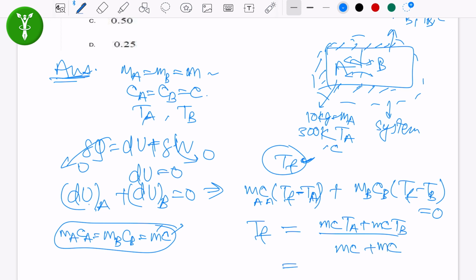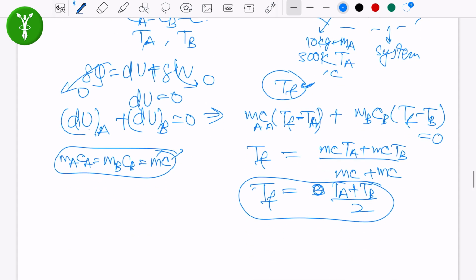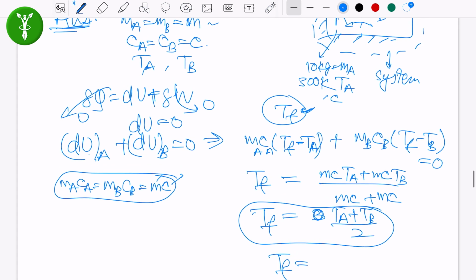If we cancel the term MC, we will get TA plus TB by 2. So the final temperature will be 300 plus 350 divided by 2. This is 325 Kelvin. This is very easy.